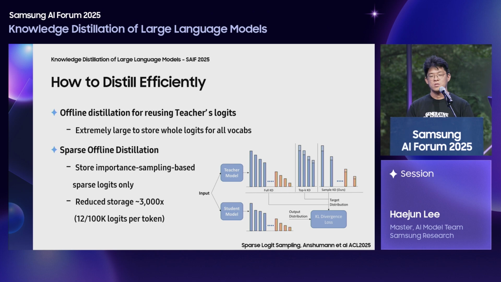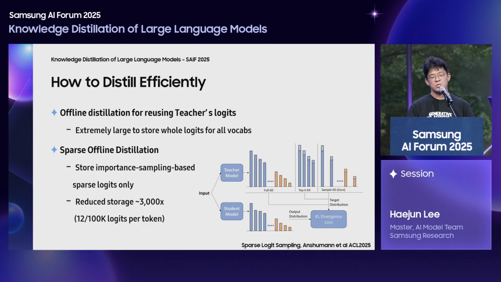To store one token, these days, model vocabularies are between 100,000 and 200,000, which requires a huge amount of storage. So we cannot save all the tokens for all the logits. We did sampling, and sparse offline distillation technology was used.